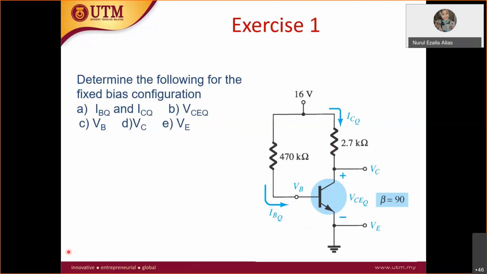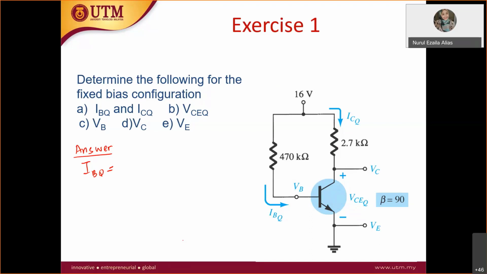Now tell me, what is IB? Is someone trying? What is IBQ? Can someone give me the answer, for those who have tried? This circuit is exactly the same as in the example, except for the values of resistor and voltage.